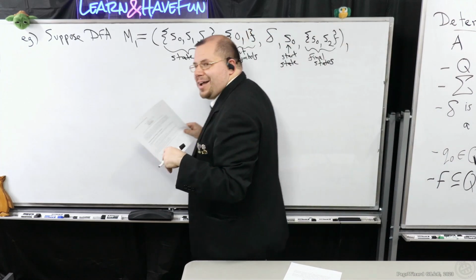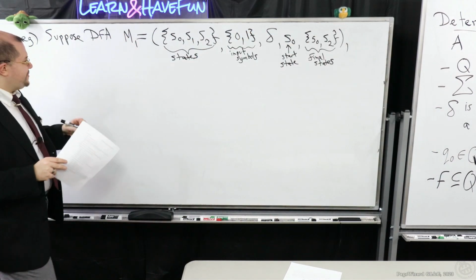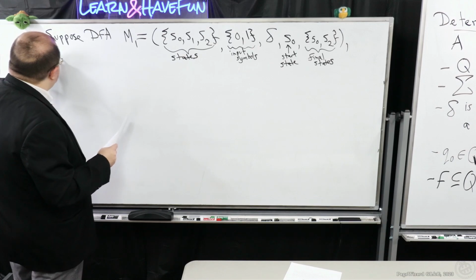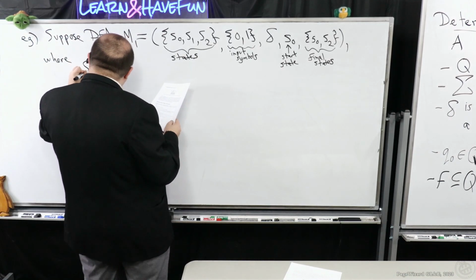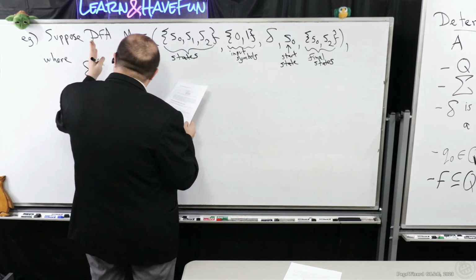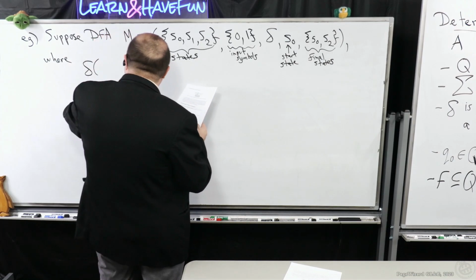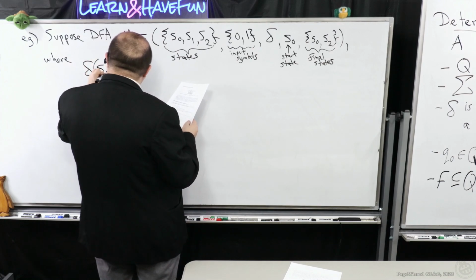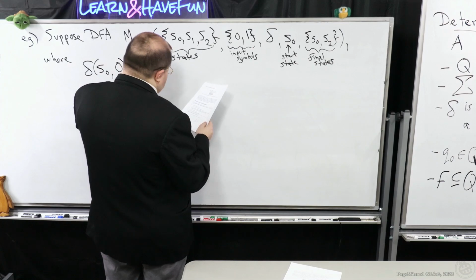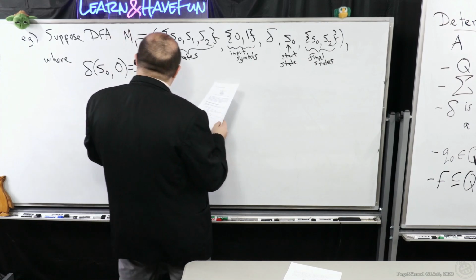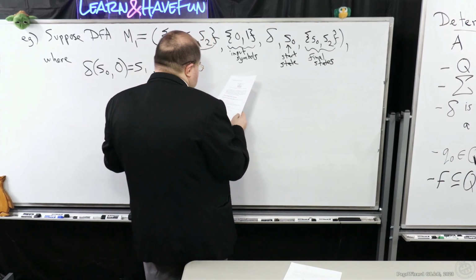Now I'm going to define for you the transition function. Remember, the way this works is that I give you a state and an input symbol, and you have to tell me where you're going. If I'm in S0 and I read a 0, the DFA is supposed to go into state S1.